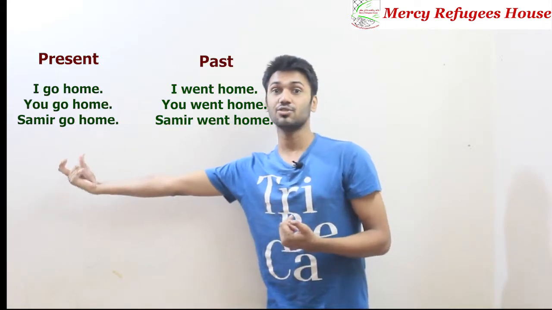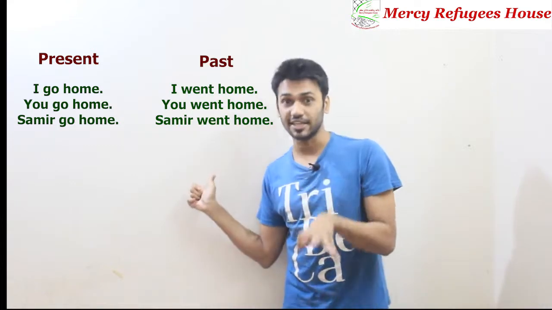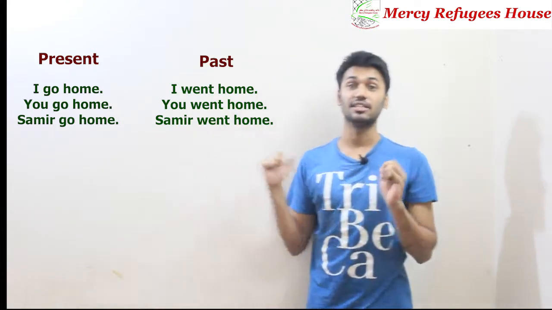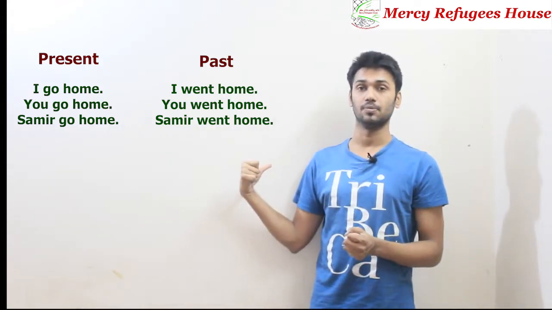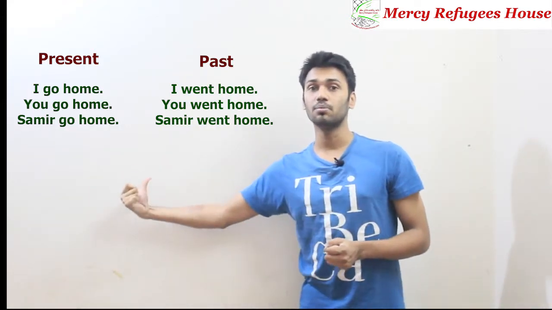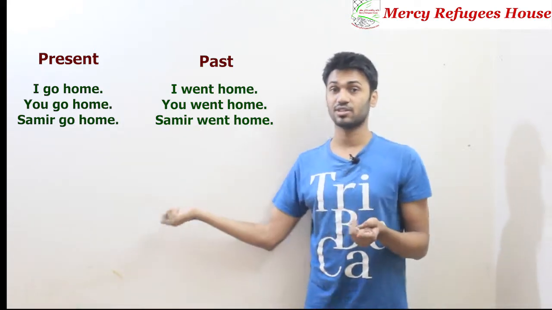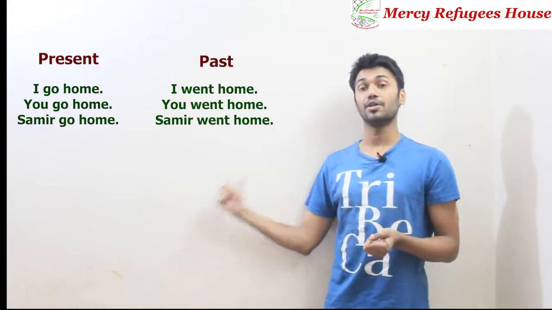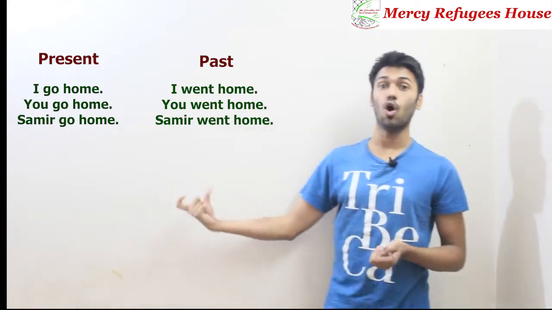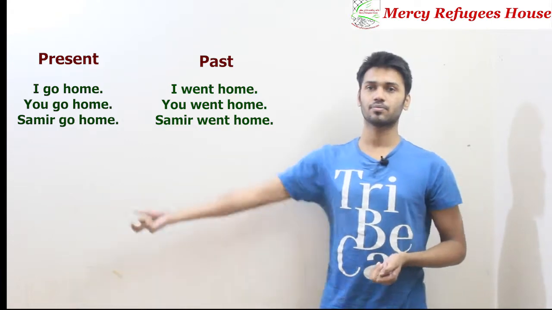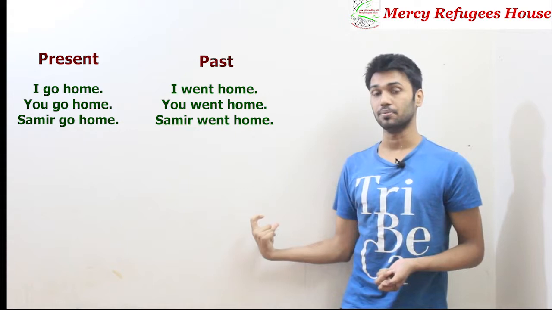Now here you compare between these two versions of the sentence. In the first sentence you see I go home. Here, as it has happened the day before today, that means yesterday, we are saying I went home. You go home, it is today, and if it is the day before today, you are saying you went home. Now, Samir goes home. Here we are saying Samir went home.